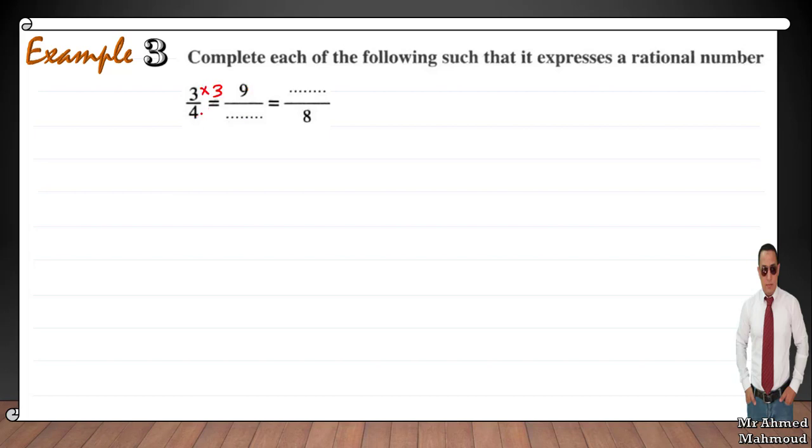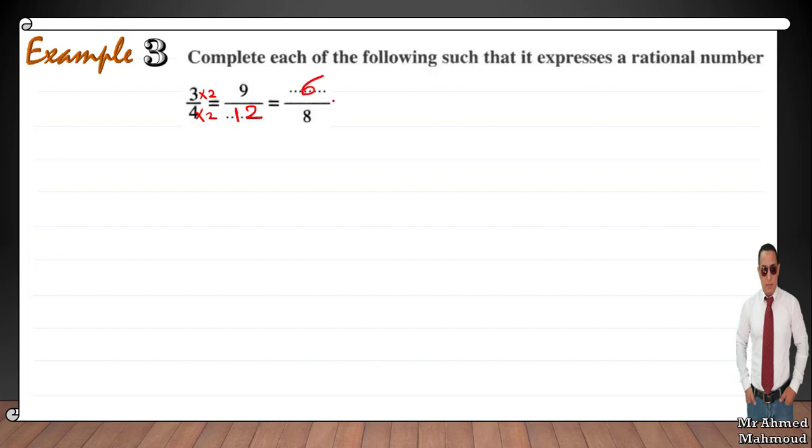And for the 4, I multiply by the same number, 3. 3 times 3 equals 9, and 4 times 3 equals 12. So here we have 12. And also 4 times what equals 8? 4 times 2. So here 3 times 2 equals 6.